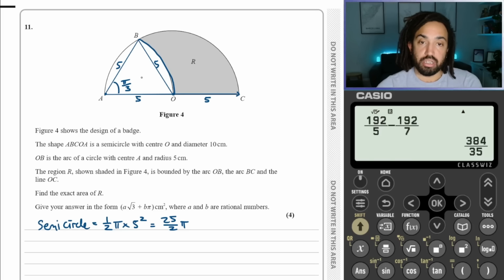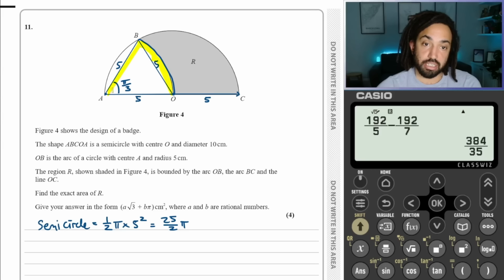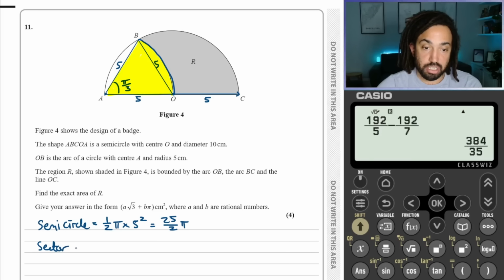Okay, so what we can do here is we can work out this entire sector, which I'm going to shade in yellow, like this. So we can work out this sector. Okay, so the sector of a circle is equal to, and the formula in radians is, a half r squared theta.